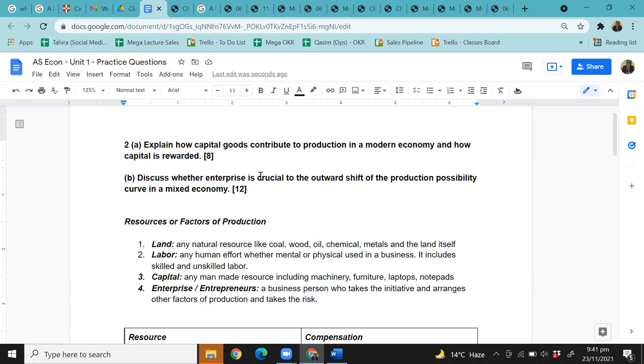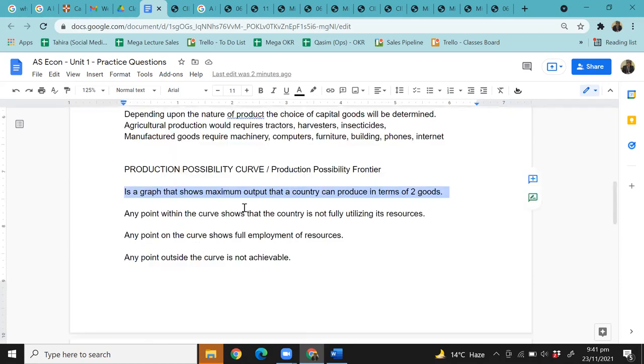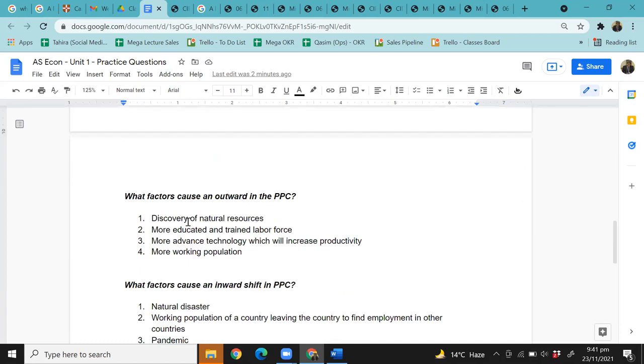So imagine a mixed economy. The majority of the countries in the world are mixed economies, like India, Pakistan, Bangladesh, Saudi Arabia, UAE. If your PPC is shifting outwards, you already know it would be because of reasons like discovery of natural resources. Obviously, discovery of natural resources is not in the hands of enterprise.